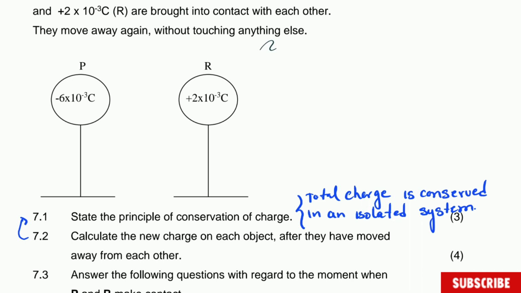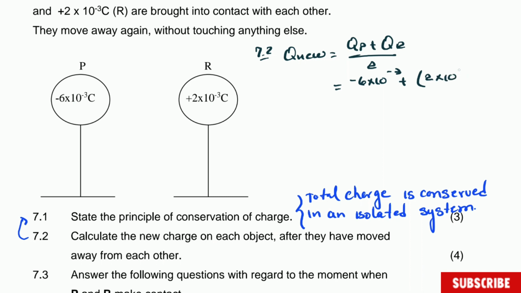So to do that one here, 7.2, we need to know that the new charge is going to be equal to the addition of charge P plus charge R divided by 2. When you substitute, this one is a straightforward calculation. You'd have negative 6 times 10 to the minus 3, be careful with this one, plus positive 2 times 10 to the minus 3.